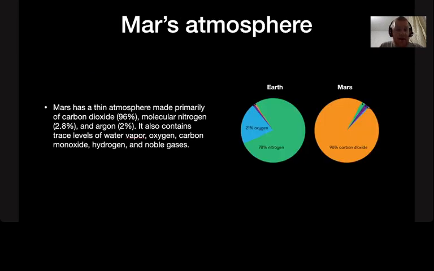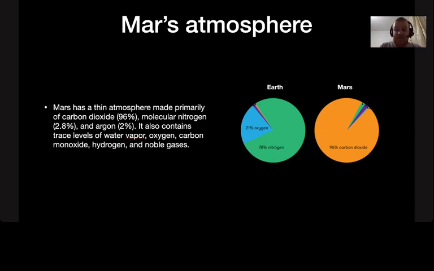The next, Mars's atmosphere. Mars has a thin atmosphere made primarily of carbon dioxide, molecular nitrogen and argon. It also contains trace levels of water vapor, oxygen, carbon monoxide, hydrogen, and noble gases.